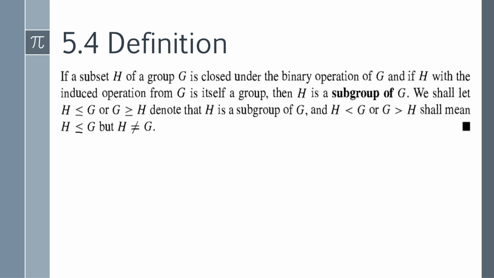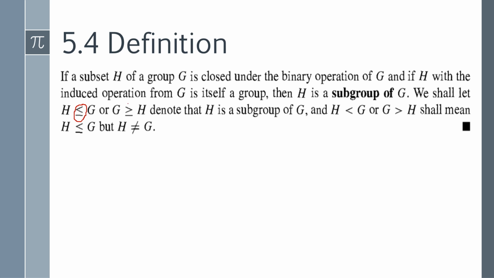We shall let H be a subgroup of G. So this one is the symbol of subgroup. It's like less than or equal, but we shouldn't be confused using this symbol because we're talking about group and subgroup.